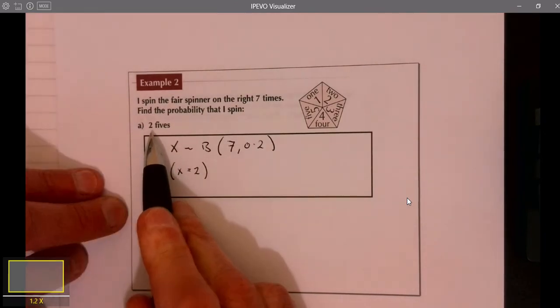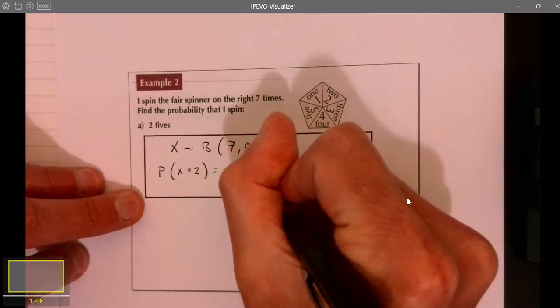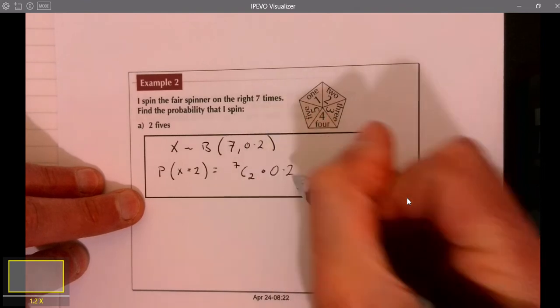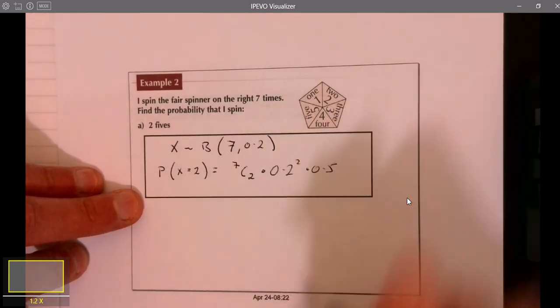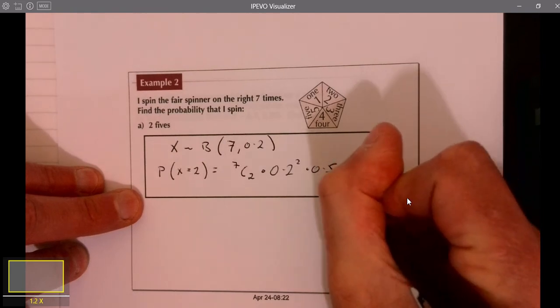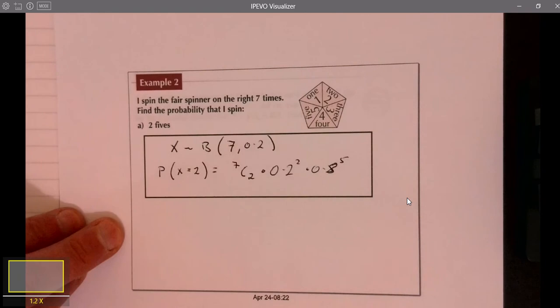So that's going to be 7C2 multiplied by 0.2 to the power of 2, and 0.8 to the power of 5. Sorry, I was thinking about that 5 just there. There we go.